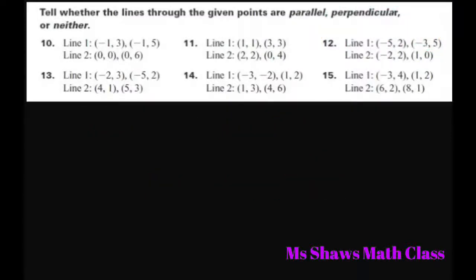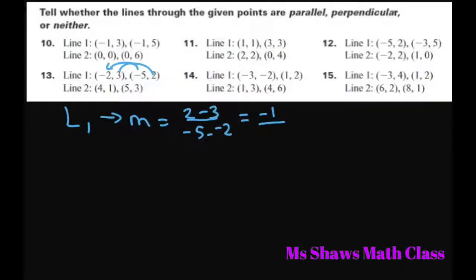The next one, line 1, the slope is going to be 2 minus 3, negative 5 minus a negative 2. So that's negative 1 divided by negative 5 plus 2, which is negative 3, which equals 1/3.